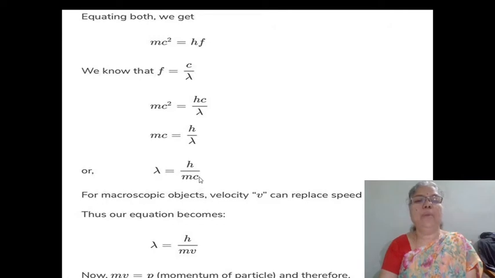Therefore, we have replaced this c, velocity of light, by velocity v for microscopic particles, and we have the equation lambda equals h upon m into v, and this m into v is called the momentum of the particle. Therefore, we can say that the ratio of Planck's constant and momentum gives the wavelength of the moving particle.